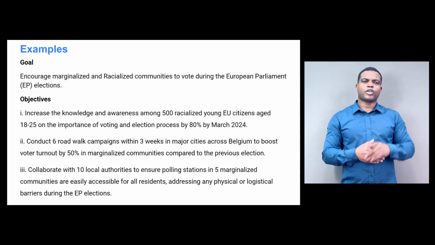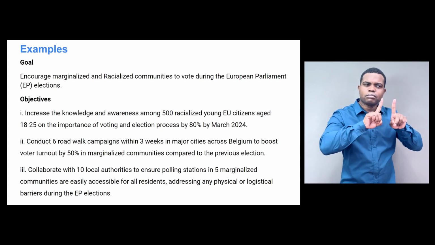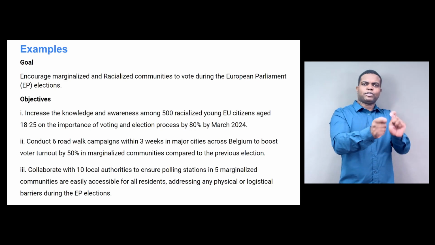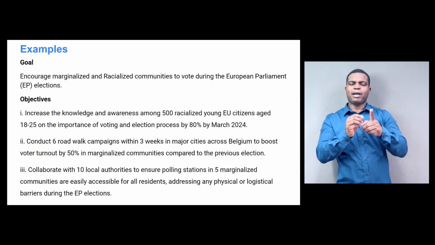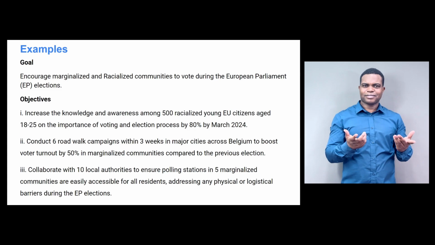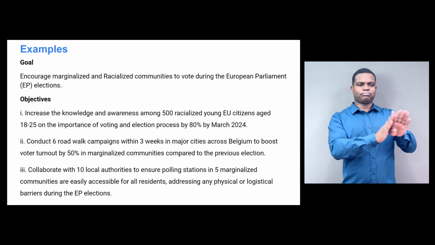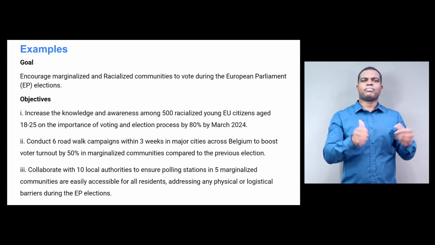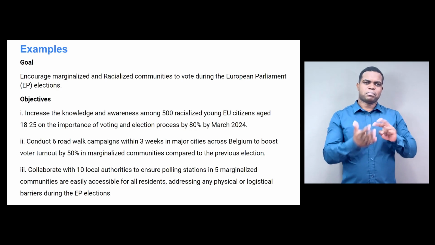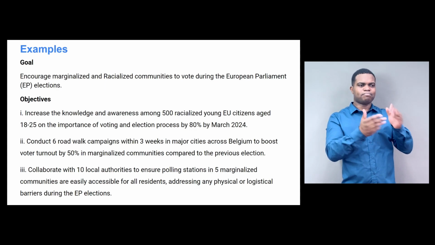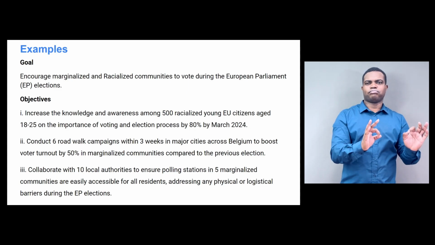So it is measurable, because you are going to be checking if it actually addressed physical or logistical barriers. So this statement, addressing any physical or logistical barriers, is what you are going to be measuring.